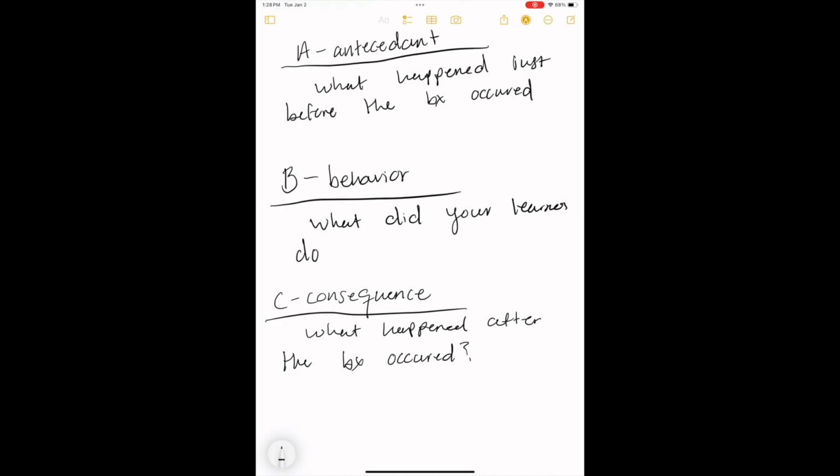Because something might happen, it might be a big thing, and your analyst is going to want to know this data. They're going to want to know the antecedent, they're going to want to know the behavior, and they're going to want to know what happened after the behavior. They're going to want to know the consequence, and they're going to ask you. And if you can't tell them that, they're going to be very upset.